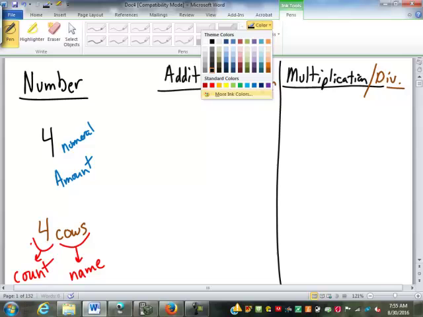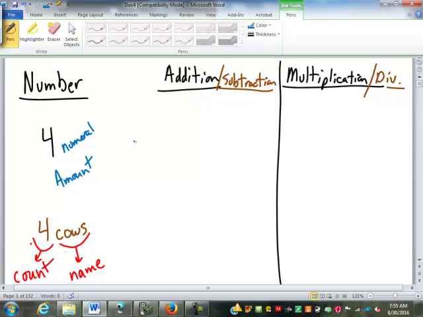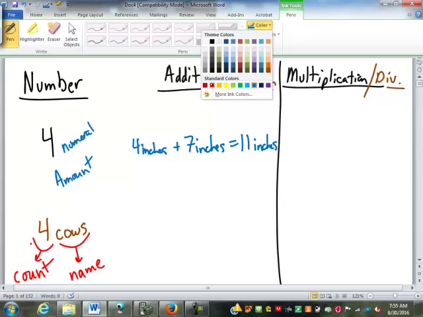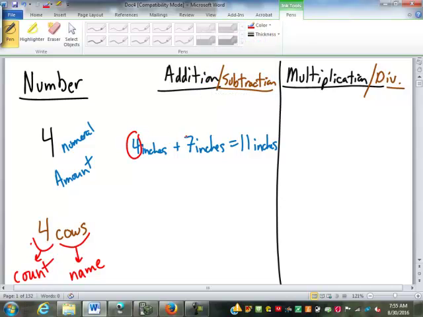So let's take a peek at, let's do like 4 inches plus 7 inches. What do we get? 11 inches. Good. So if we look at our counts, we have the 4 and the 7. What did we do with those? Well, became 11.